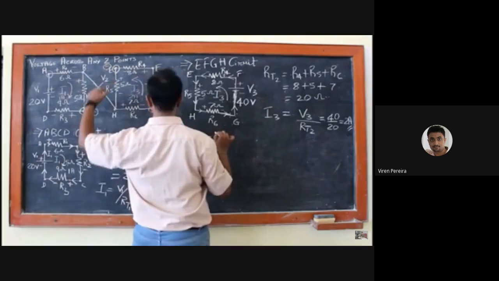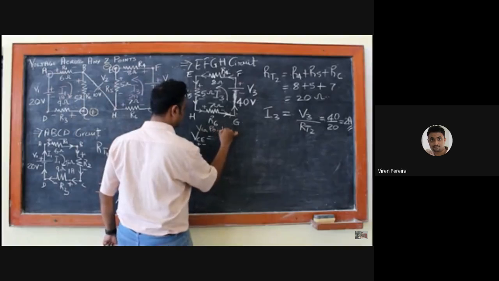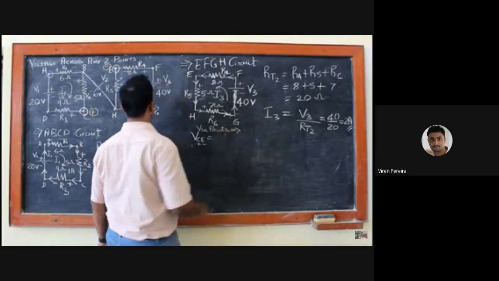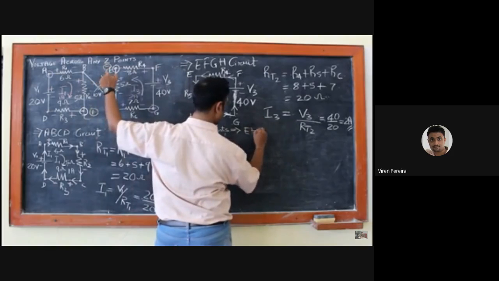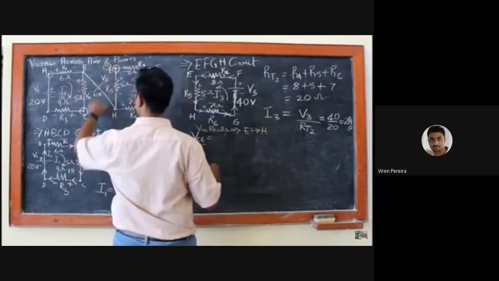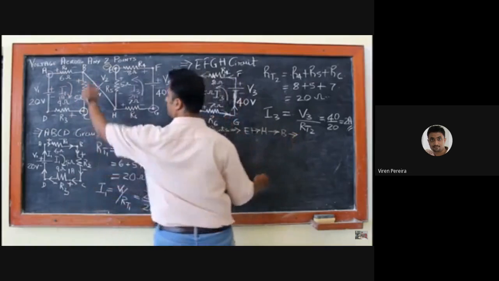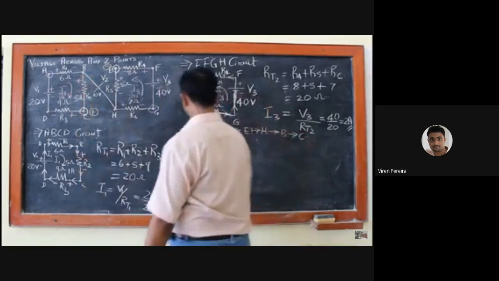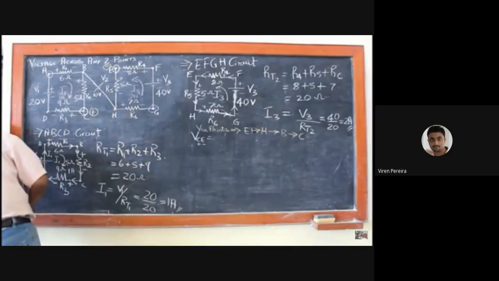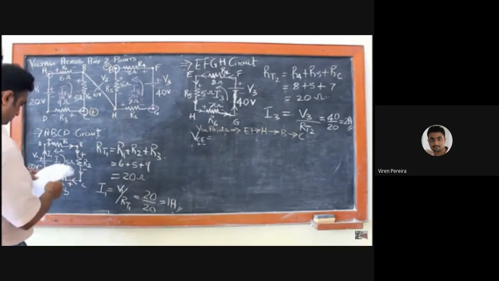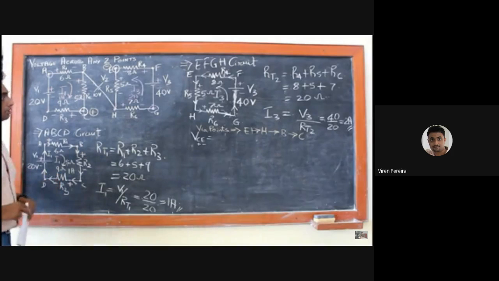So if I'm taking VCE, I'll say the points E to H, H to B, and finally B to C, which is my shortest distance.